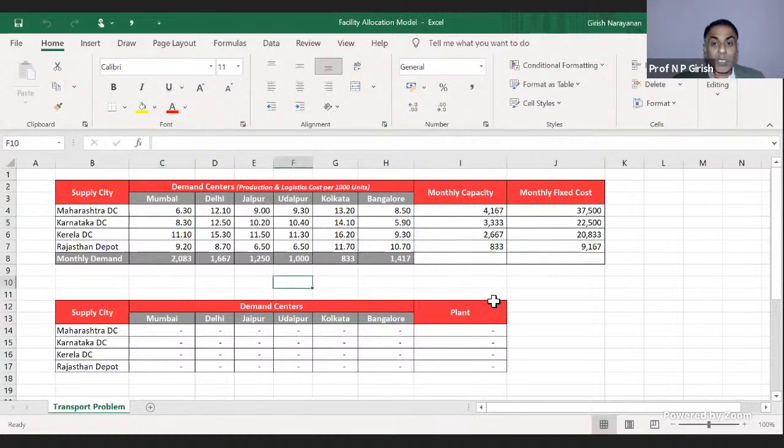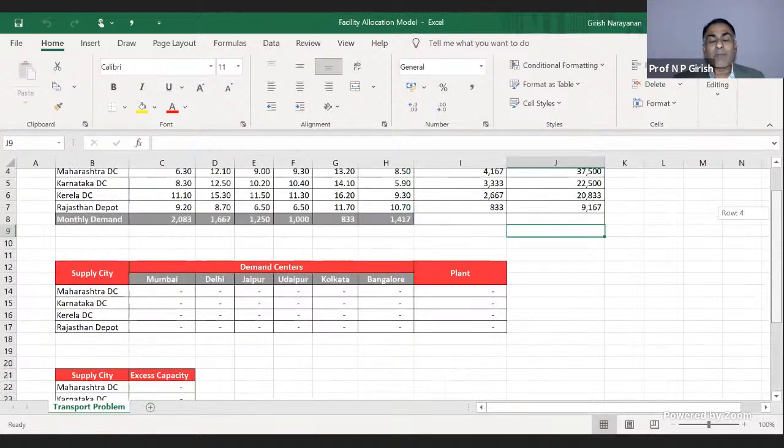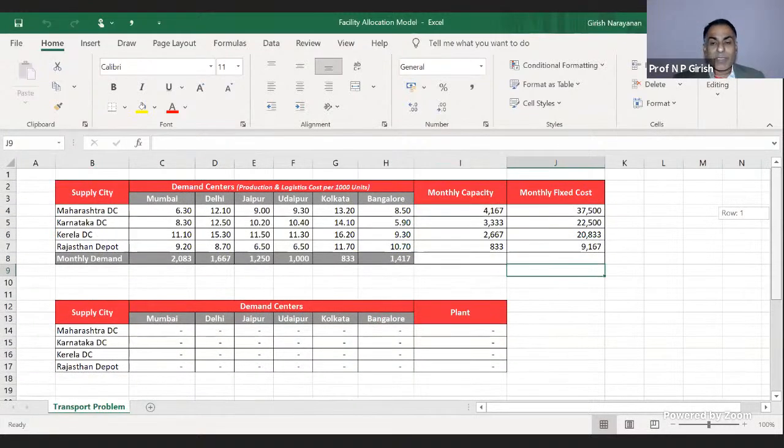Based on that, you need to be deciding, am I going to be using this location or this location or this or this or in combination in order to meet the demand? What is the total demand? We are talking about something like 8250 units. We are talking about keeping the unmet demand 0.